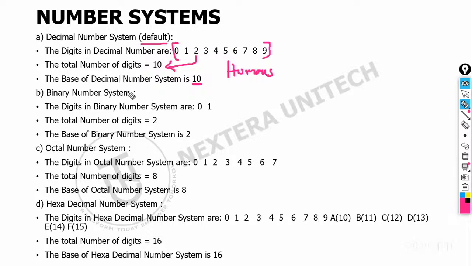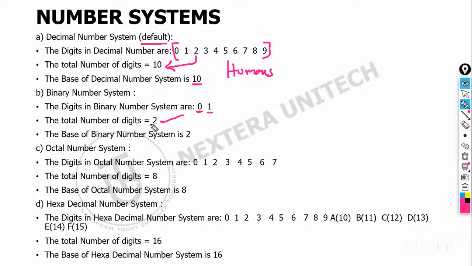What does the binary number system have? The digits in the binary number system are just two, either 0 or 1. So in total, you have two digits, 0 and 1. That's it.